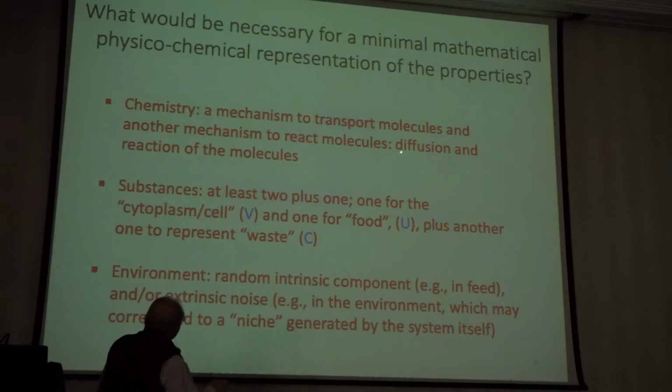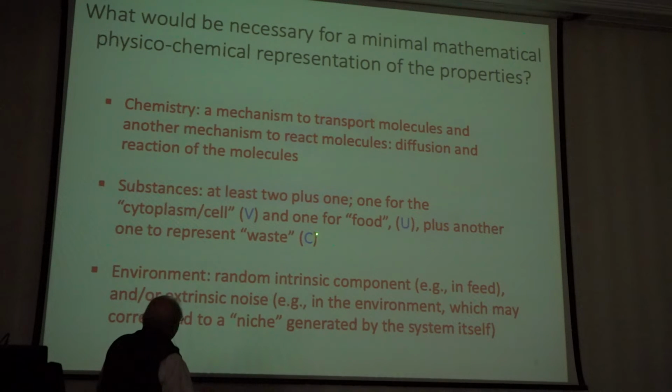So this tells you that the class of equations are diffusion reaction equations for the molecules. Then the most minimal system you can come up with is one for the cell itself to be represented without any level of detail, which we will call V, and one for the fluid without any level of detail, U.